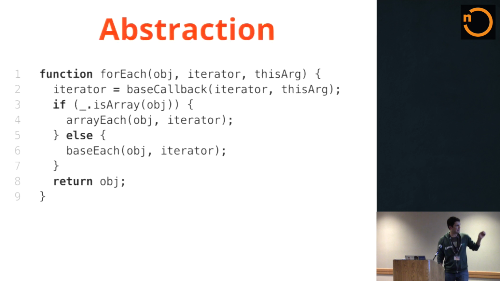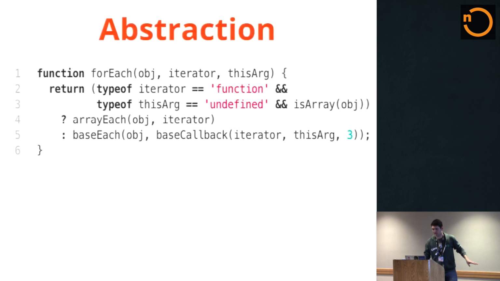And this is to say, hey, if I'm an array, go to a method that's basically taking that for loop and moving it into its own function that handles it. So now this is, hey, if this is an array, go the array route, and if it's not, go the base each route. Now this is almost there. We can take it a step further and go here.